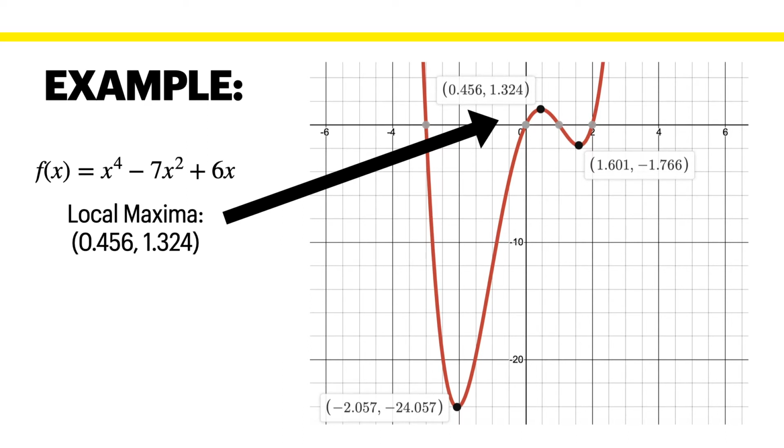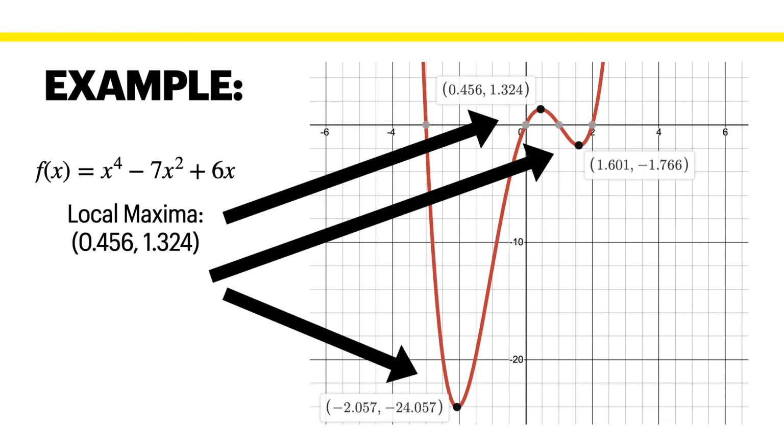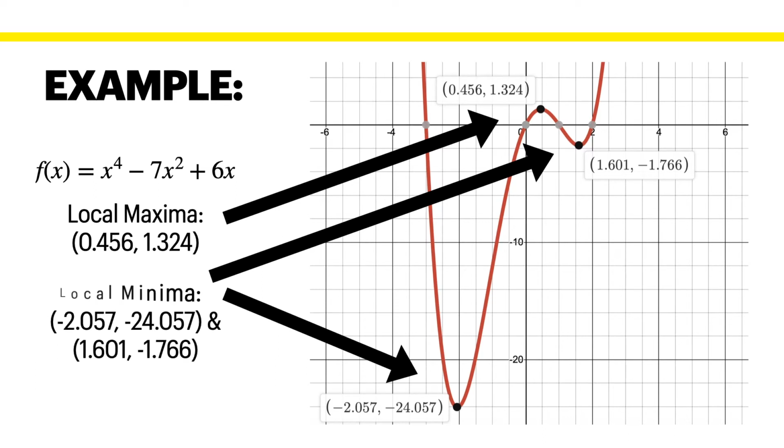We don't know yet if there are still other inflections or other changes in the direction of the graph, but so far from this chunk of the graph, you can see that the local maxima is over there at x = 0.456 and y = 1.324. Now you can see here that the dips can also be called local minima, depending on the interval that you're looking at. But those are the local minima for this kind of function.